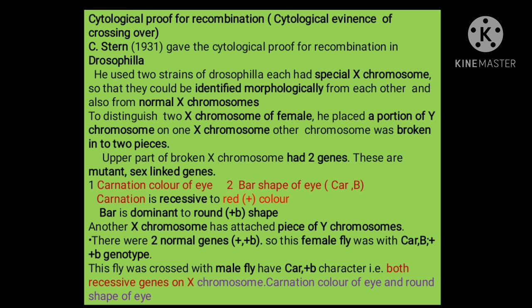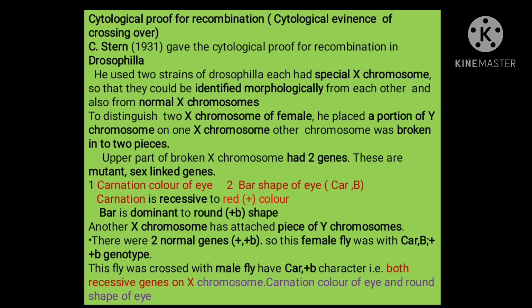In Drosophila, he selected two strains, that is the carnation color of eye and bar shape of eye. Carnation is recessive to red color, while bar is dominant to round, that is the plus B shape. Another X chromosome has attached a piece of Y chromosome.